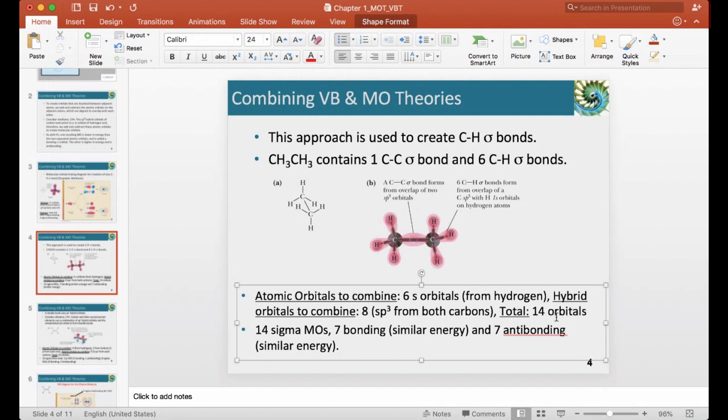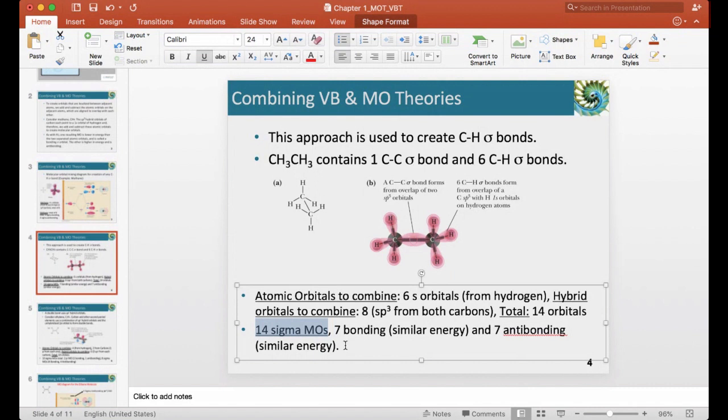Combination of 14 orbitals will lead to 14 sigma molecular orbitals, 7 of them being bonding, very similar in energy, and 7 anti-bonding, also very similar in energy. And now we would only have to fill up the electrons.